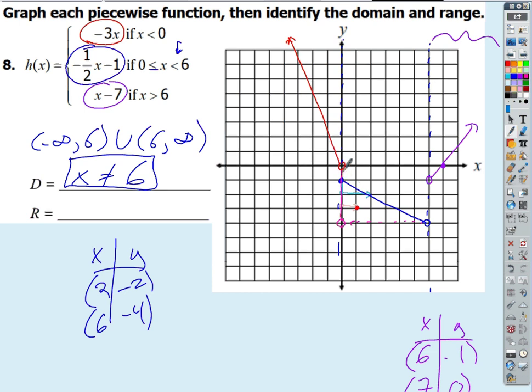They keep going up, and then here the y's overlap anyway, and so there's no other y value that ever gets skipped, right? All the y values are included above -4. So the range would be y is greater than -4. Okay, get the idea?